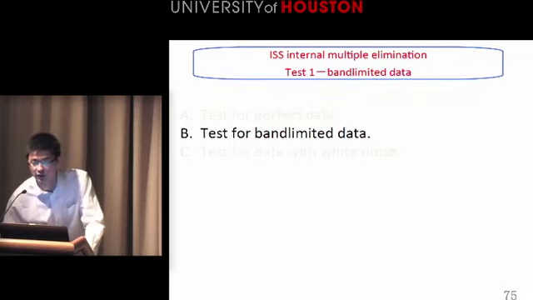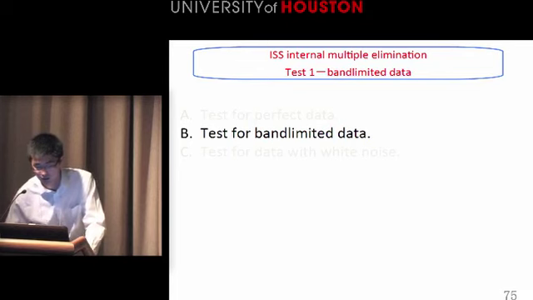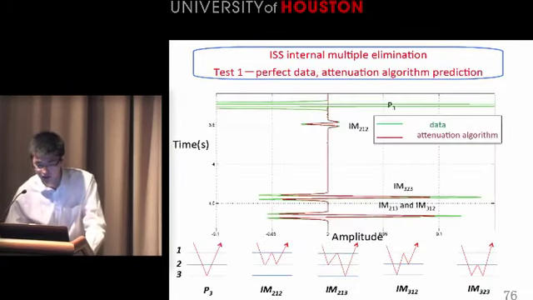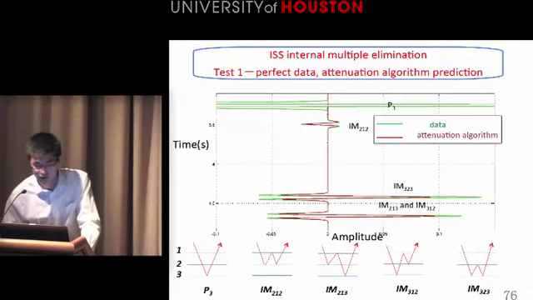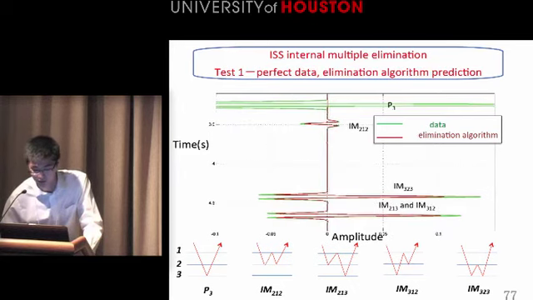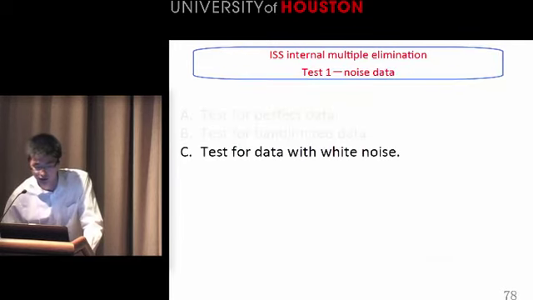And then we test for band-limited data. With band-limited data, the attenuation algorithm can still predict a very good result, and the elimination algorithm still improves the amplitude. And then we test the data with white noise.